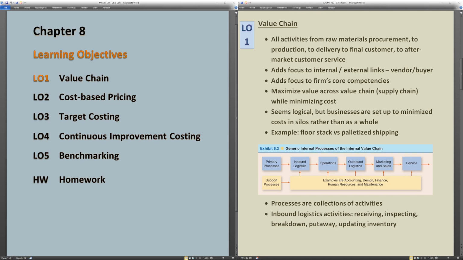I can get more boxes in a container if I just individually stack them, what we call floor stacking. That way I can maximize the amount of product we put in the container, and therefore I can minimize the per-unit cost. If I divide up the container cost amongst all the shoes that were shipped in that container, I can minimize the per shoe cost of the container shipping.